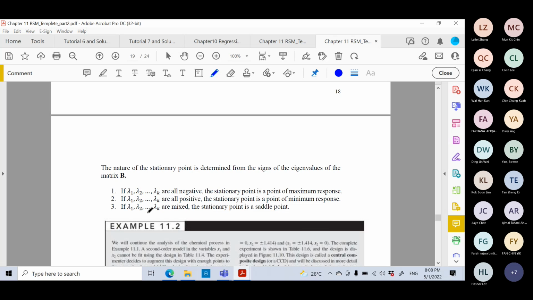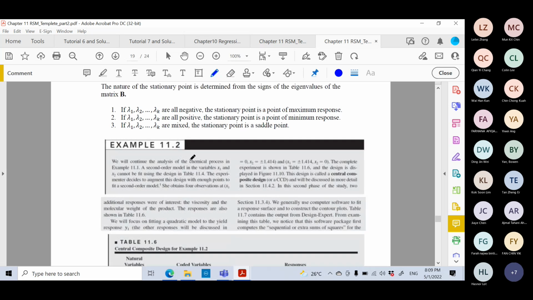If you have a mixture of positive and negative signs, then it is the third case. Our objective is to get the nature of the stationary point by finding lambda 1 until lambda k, which are the eigenvalues of the matrix B. This is the way we get the nature of the stationary point.